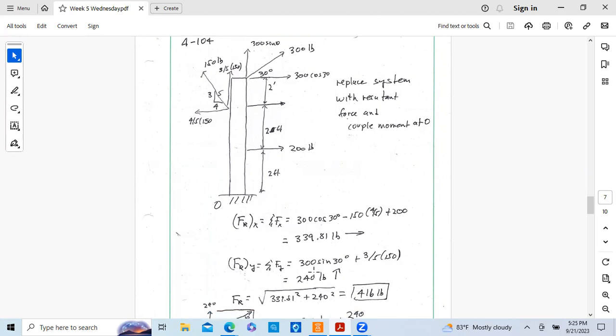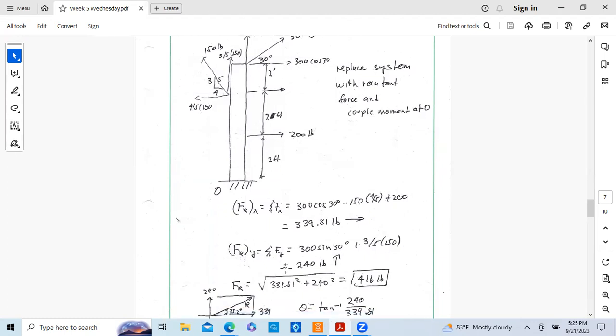We sum forces in the Y. So we have 300 sine of 30 degrees, and then this is the 3/5 of 150, and that's positive. And so we have the sum of forces in the Y, positive 240 pounds.